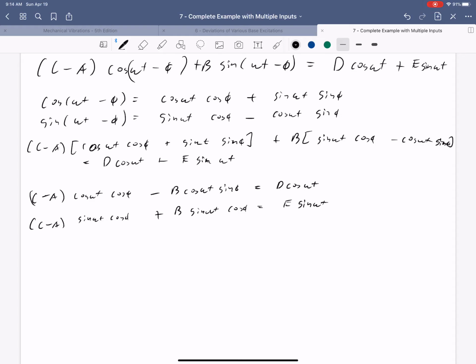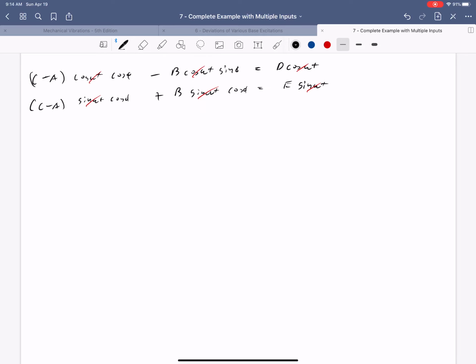Okay? And then these terms get crossed out for each of those equations. And that simplifies to c minus a cosine phi minus b sine phi is equal to d.